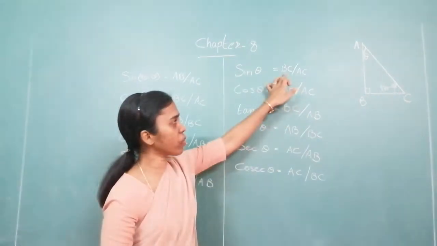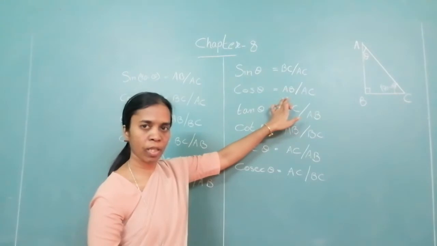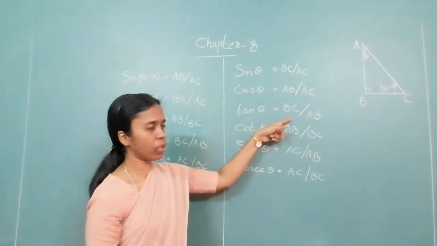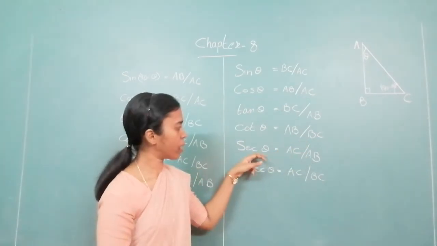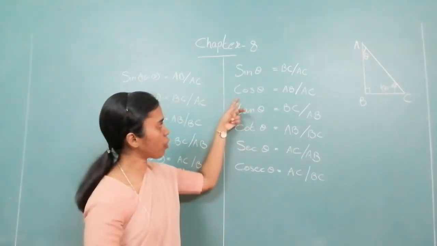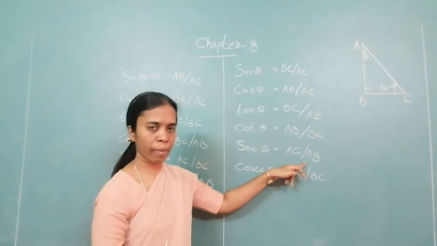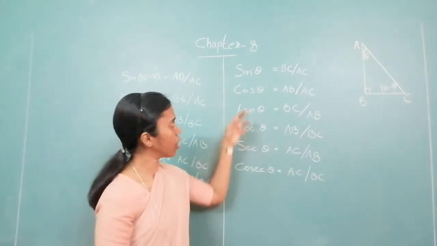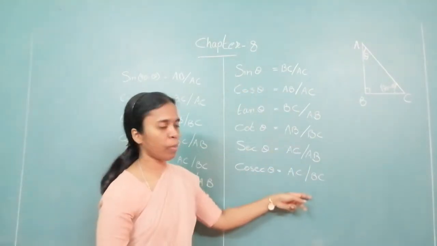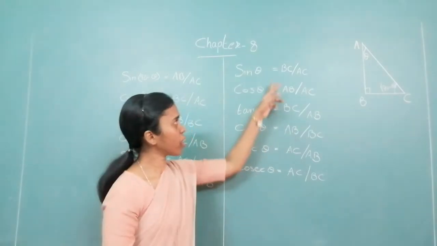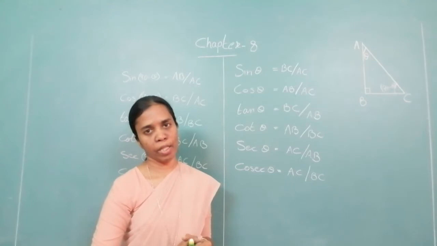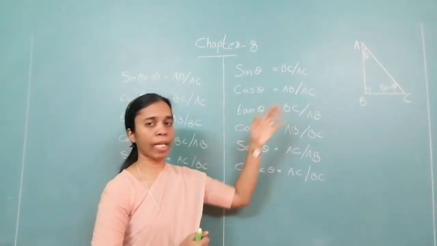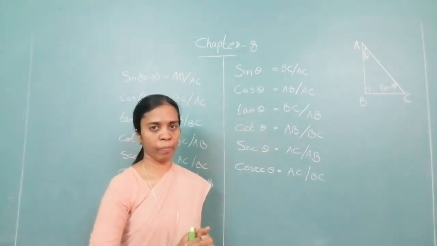That is the numerator of sine upon the numerator of cos. Cot is the inverse of this, that is AB upon BC. Sec is the inverse of cos, so AC upon AB. Cosec is the inverse of sine, so AC upon BC. So if you write these two well and you know the relationship, the rest everything can be written properly. You don't have to look at the diagram and get confused all the time.